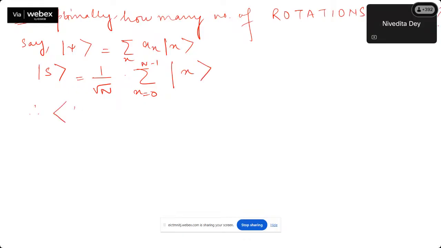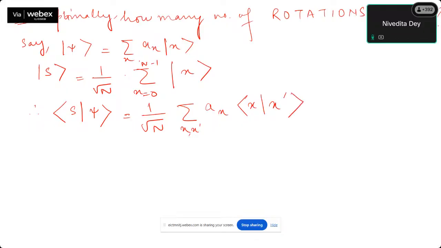Therefore, the inner product of S and psi will be nothing but 1 by root n, then ax, then x and x bar. I'm just taking x bar because both are the same variable. That is why I'm writing this.